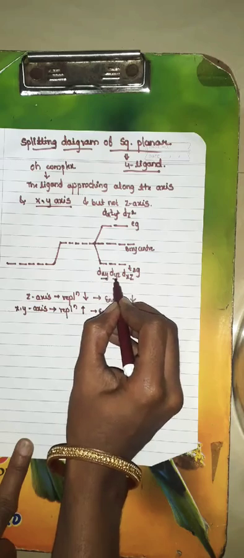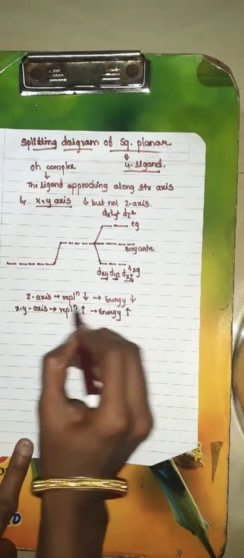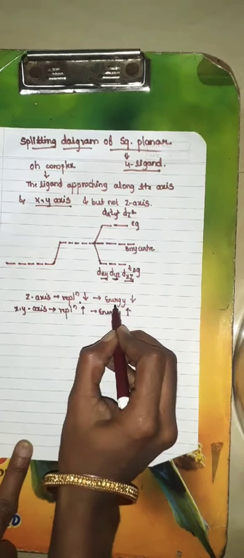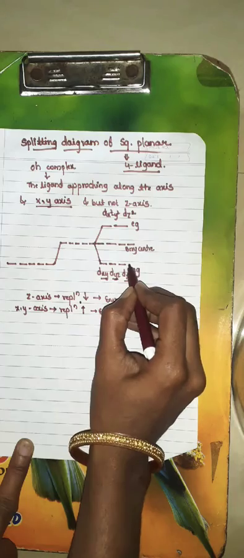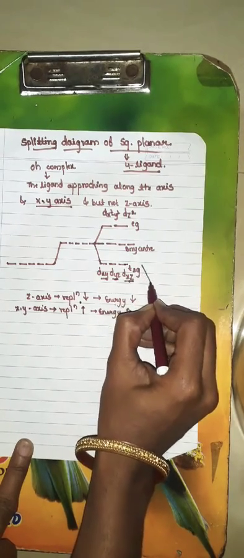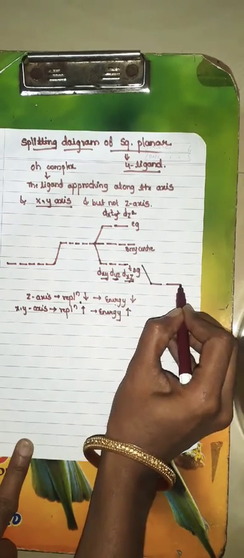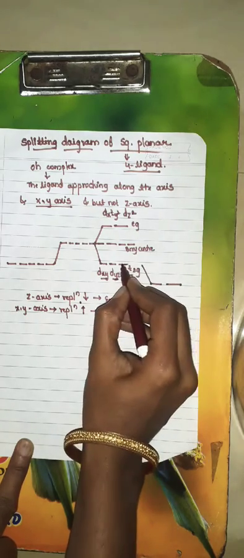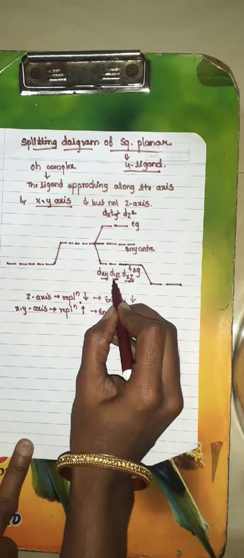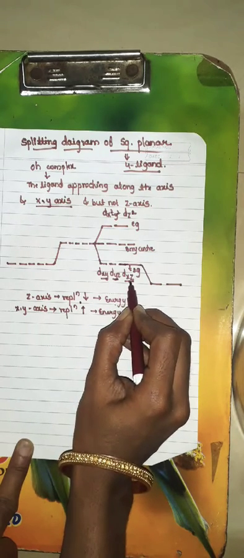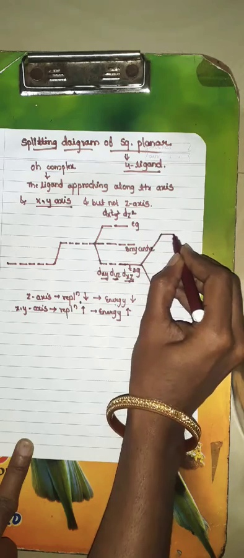What happens? There are dxy, dyz and dxz. The orbitals dyz and dxz contain the z axis, so repulsion and energy decrease. Out of the three t2g orbitals, dyz and dxz decrease in energy, and dxy energy increases.